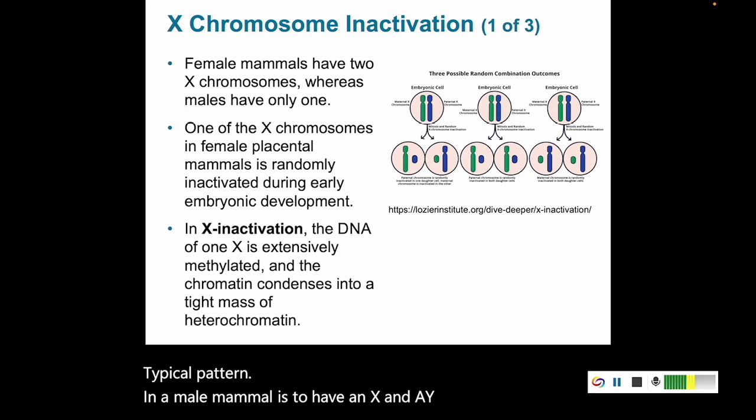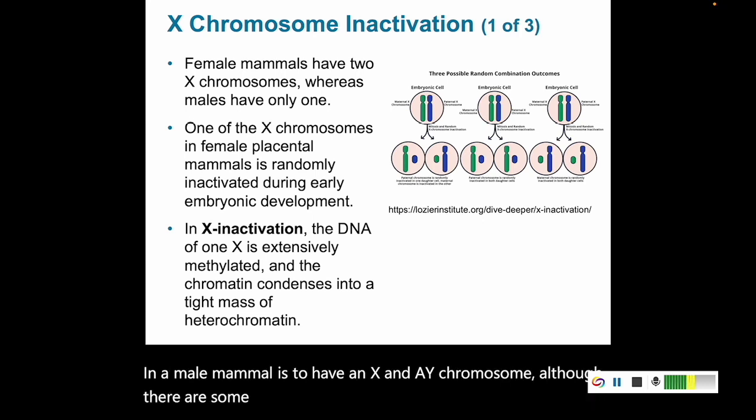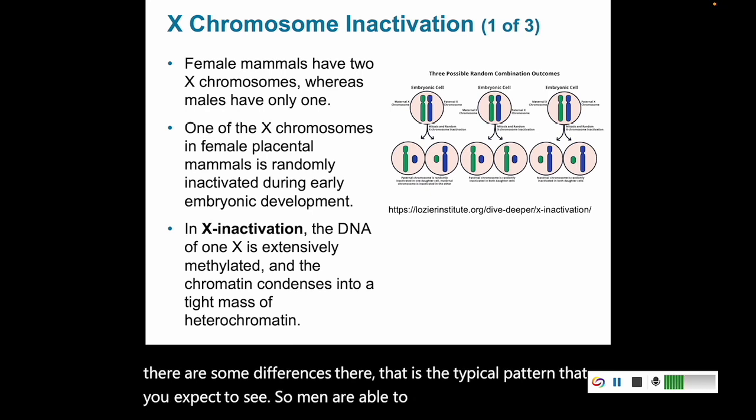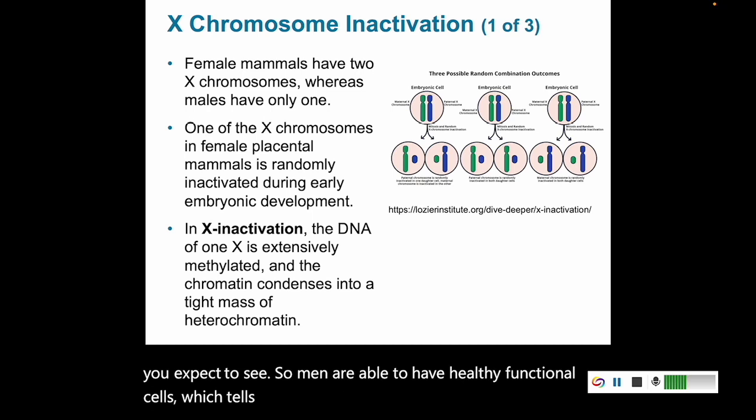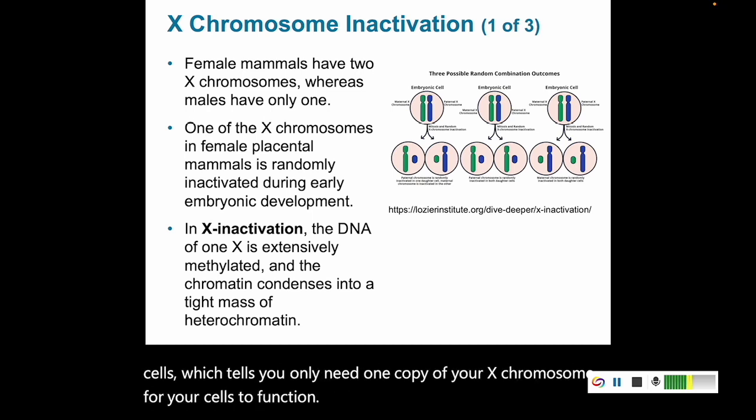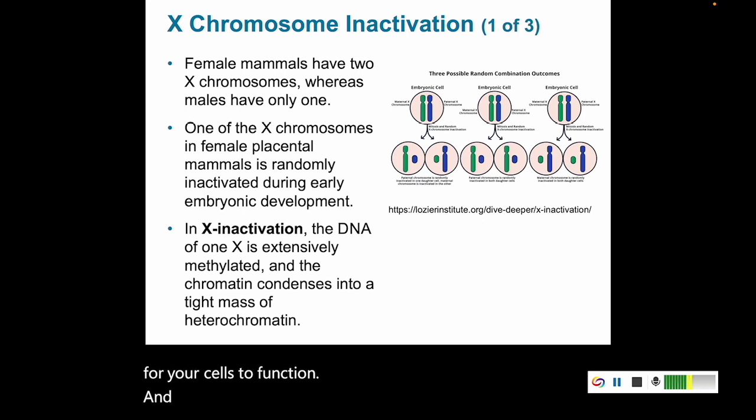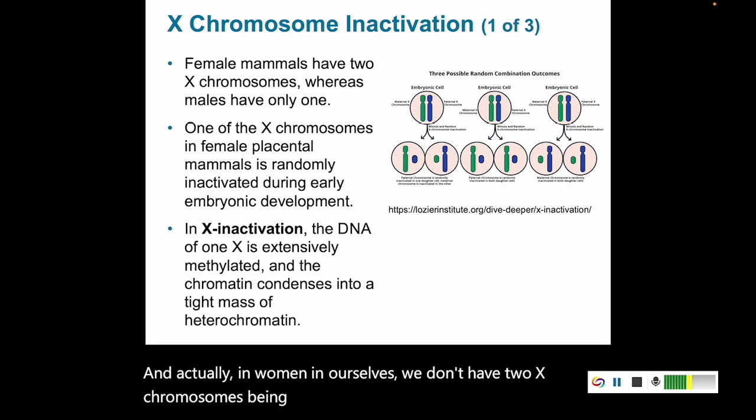Although there are some differences there, that is the typical pattern that you expect to see. So men are able to have healthy functional cells, which tells you you only need 1 copy of your X chromosome for your cells to function. And actually in women, in our cells, we don't have 2 X chromosomes being expressed. One of those X chromosomes is going to be inactivated.